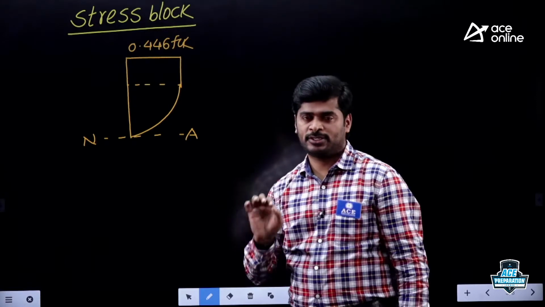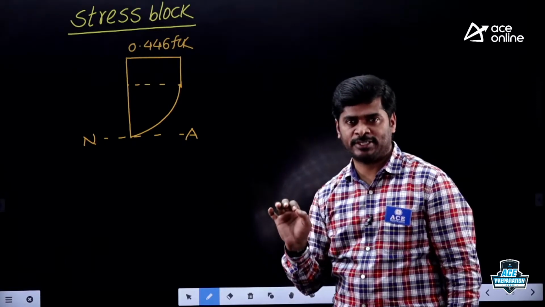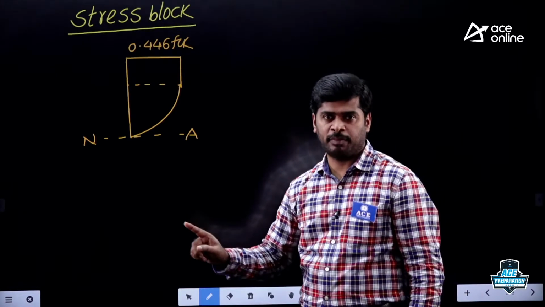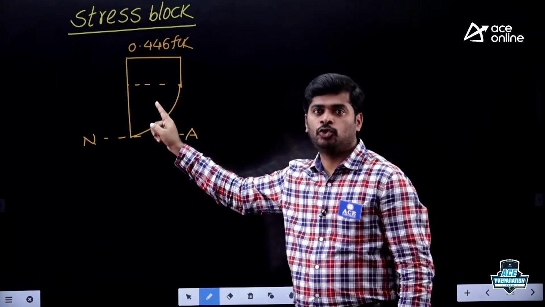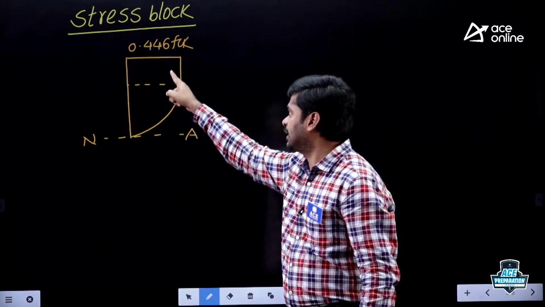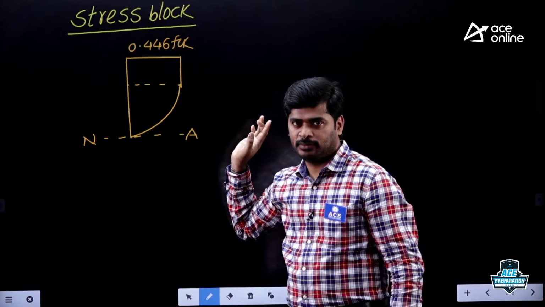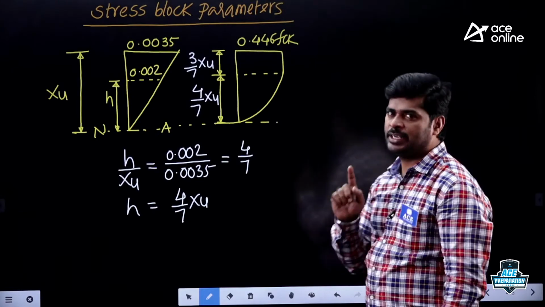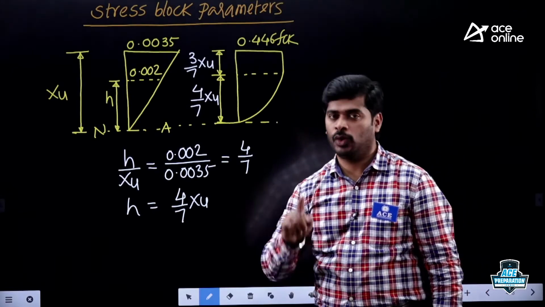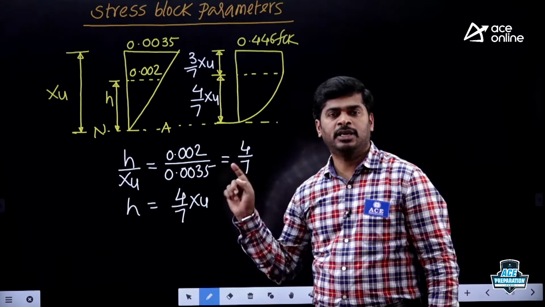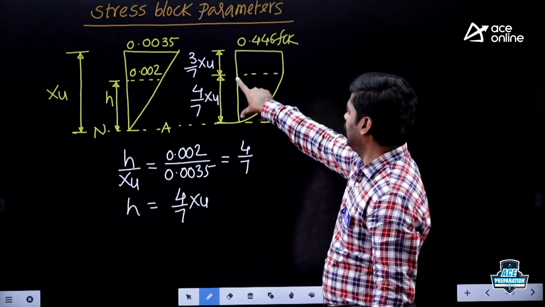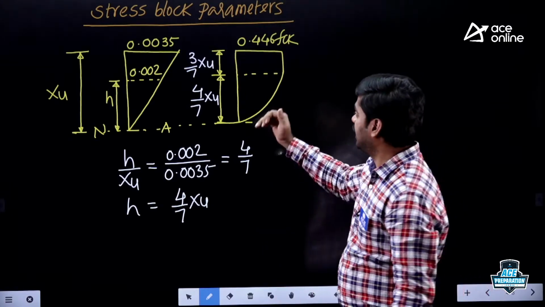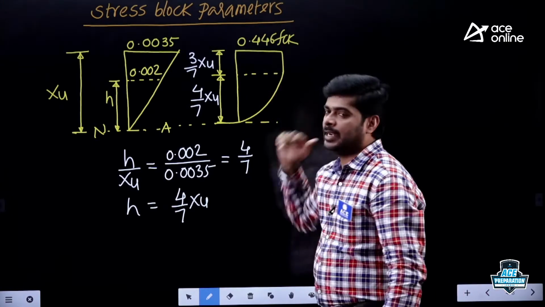What is a stress block? A stress block is nothing but the stress diagram of concrete in the compression zone. In the limit state method, the stress block consists of two different shapes: one is a rectangle, another one is a parabola. Then what are the stress block parameters? There are three stress block parameters mainly. One is the ordinates of the stress block, nothing but the depth of the parabola and the depth of the rectangle in the stress block.